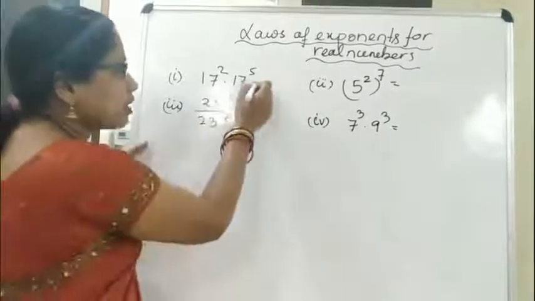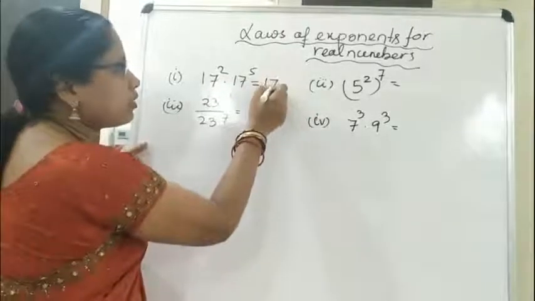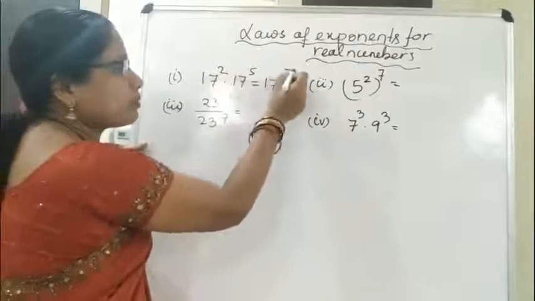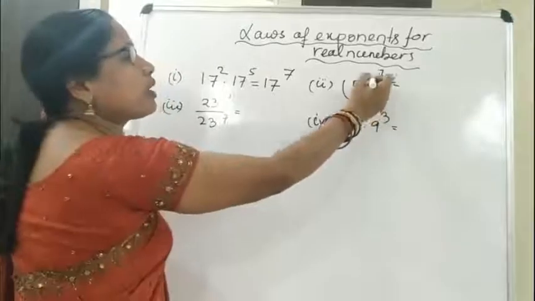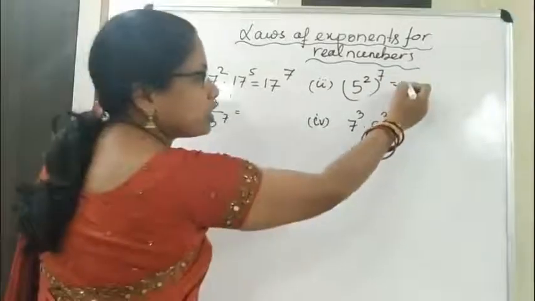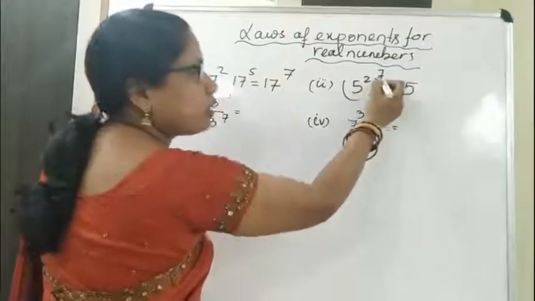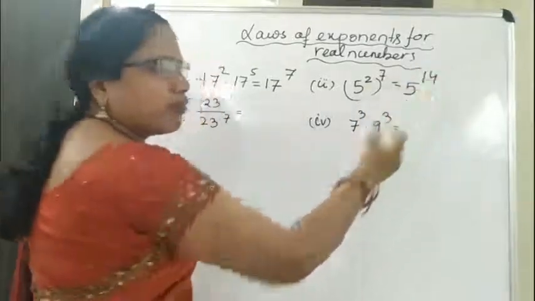You can solve it: 17 to the power 2 plus 5, that is 17 to the power 7. Here also, 5 to the power 2, whole to the power 7, becomes 5 to the power 2 multiplied with 7, that is 5 to the power 14.